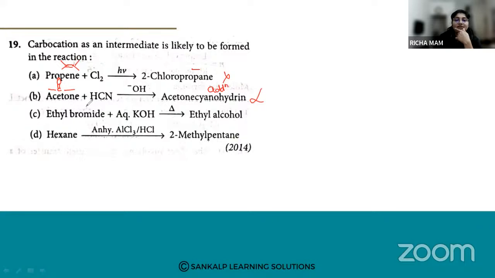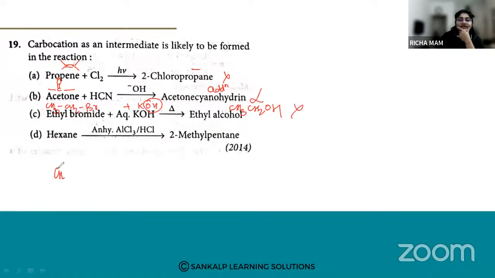CH3CH2Br plus KOH: the OH attacks, so you get CH3CH2OH. Your Br has been replaced by the OH minus ion. So here also there is no formation of an intermediate.